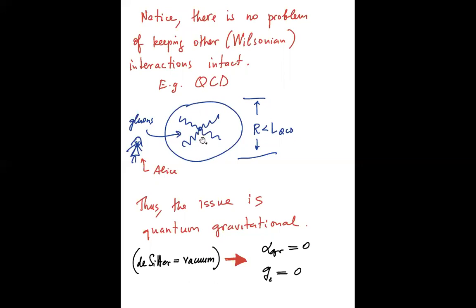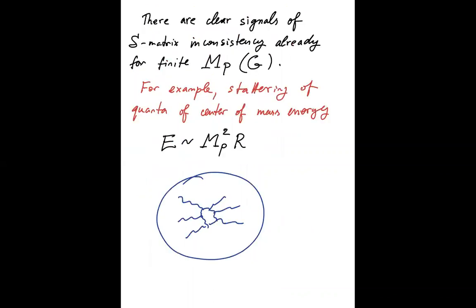No problem. I can have a non-trivial S-matrix. So the issue is really quantum gravitational. Whenever we treat de Sitter as a vacuum, quantum gravity decouples. But that cannot be, because quantum gravity is coupled because the Planck scale is finite, and the string coupling in string theory is finite. And this is the issue.